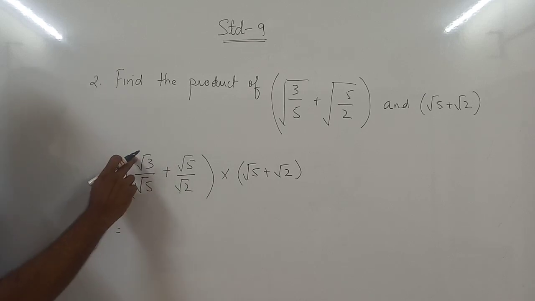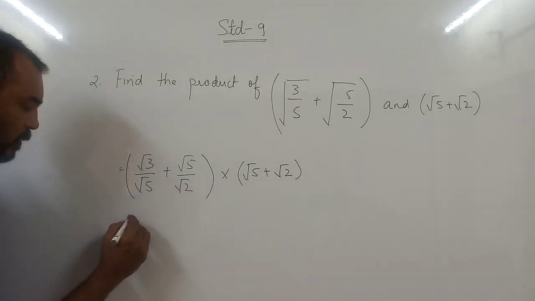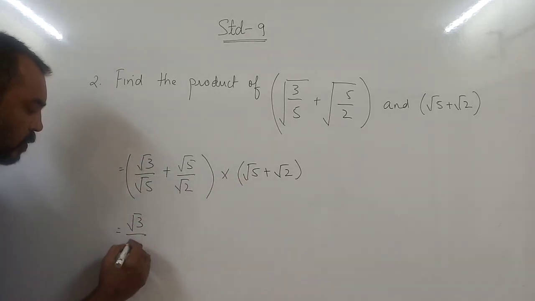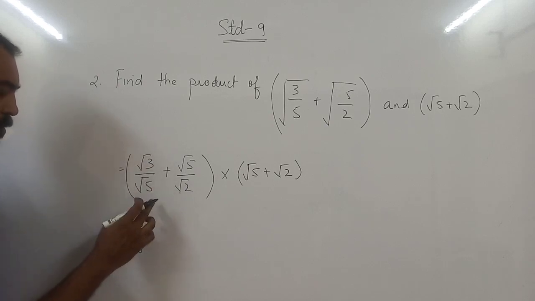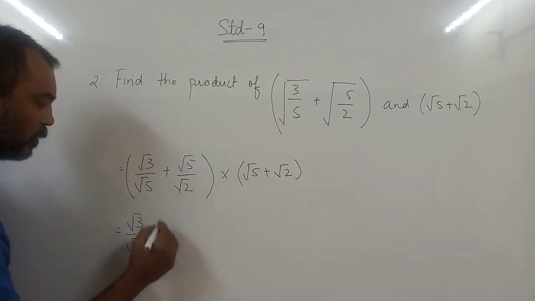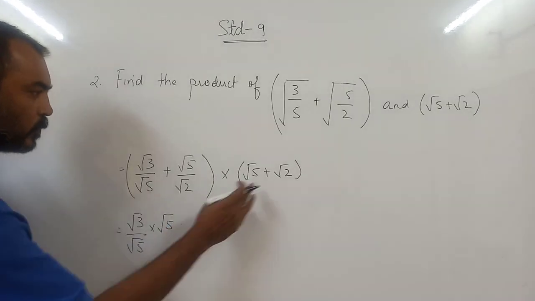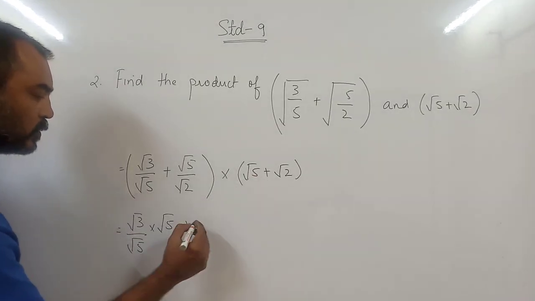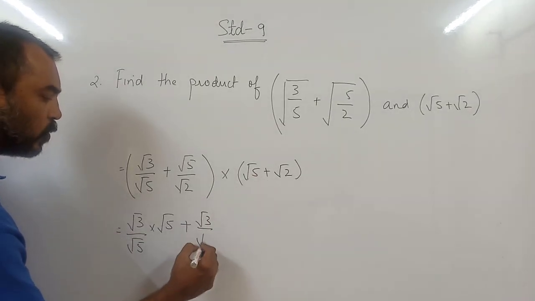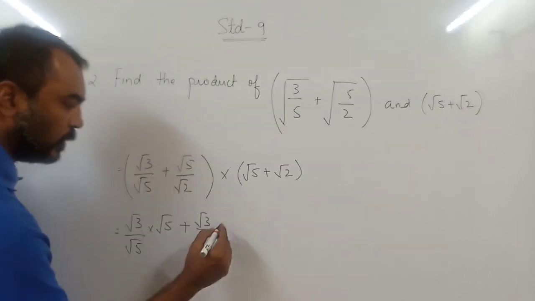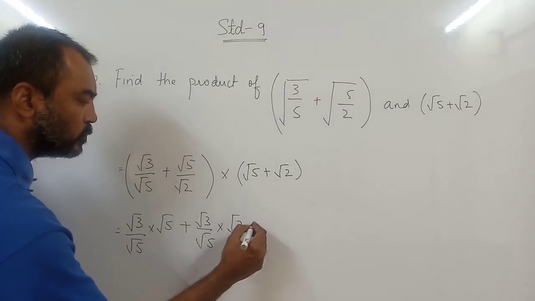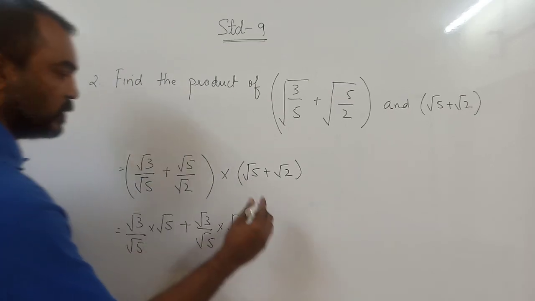So if I multiply root 3 by root 5 into root 5, I will write it as it is so you can understand the steps. Root 3 upon root 5 into root 5 plus sign. So plus into plus. Root 3 upon root 5 into root 2 plus this number into this.